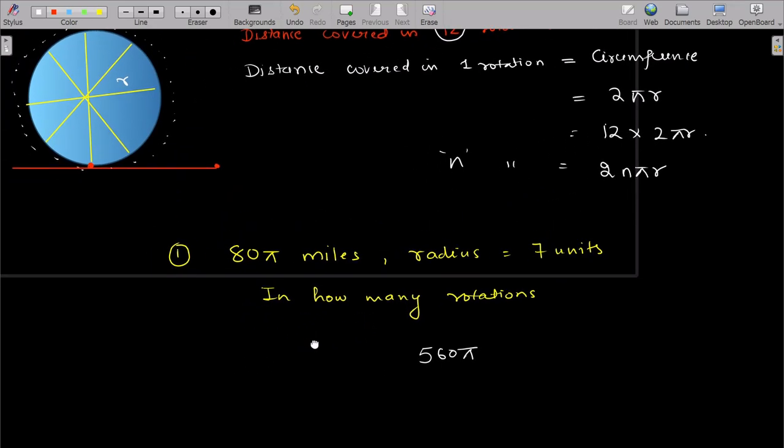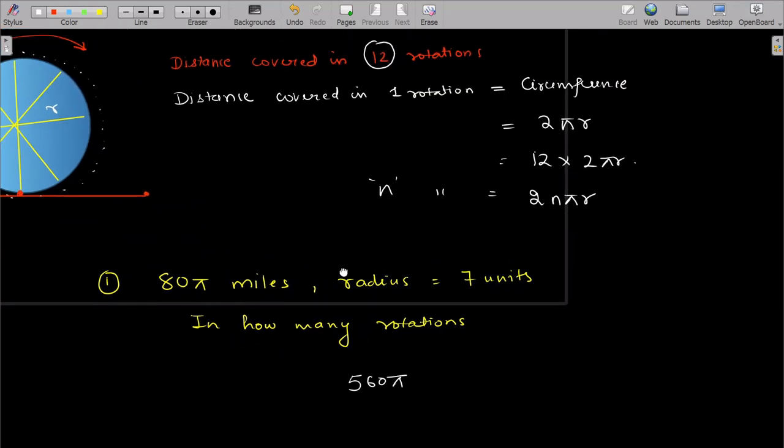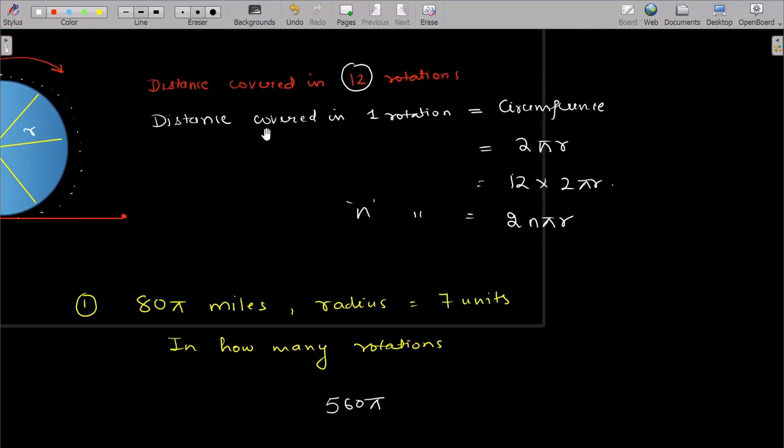Okay, but why? So if you see the formula, it says that this is the distance, 2n pi r, that will be the distance for n number of rotations. For n number of rotations, distance covered in n rotations. Now in this question, the distance is given to us. This is the distance.